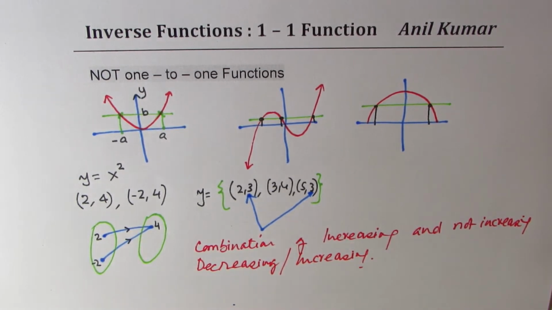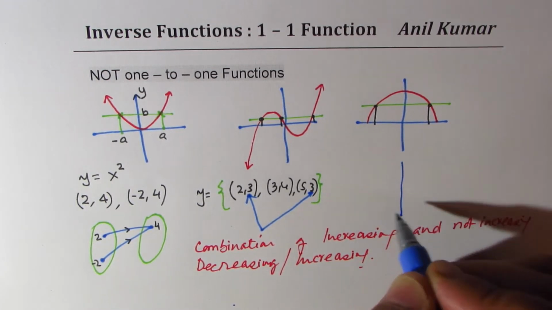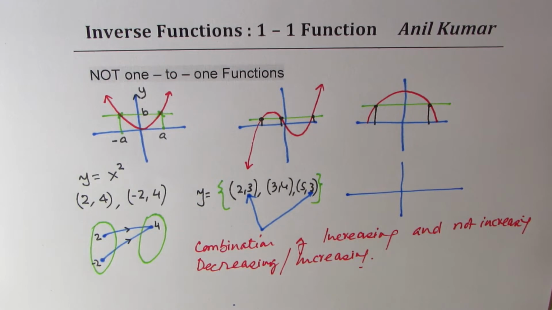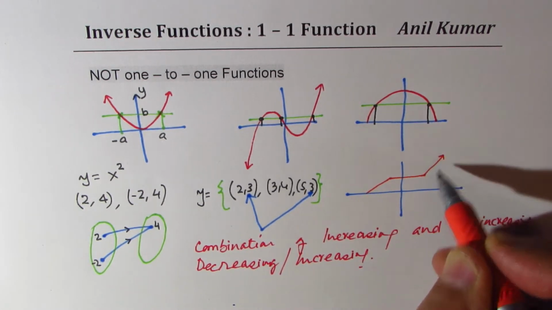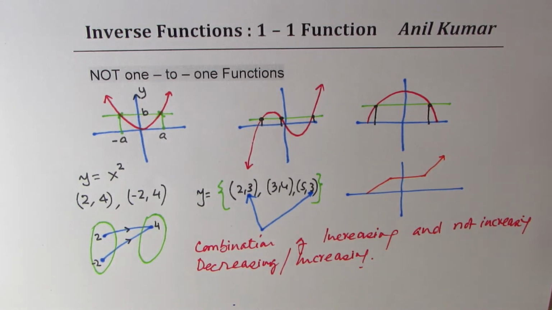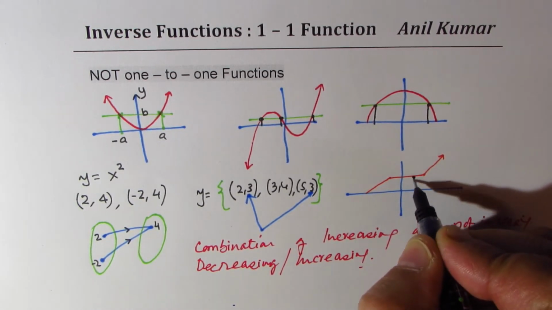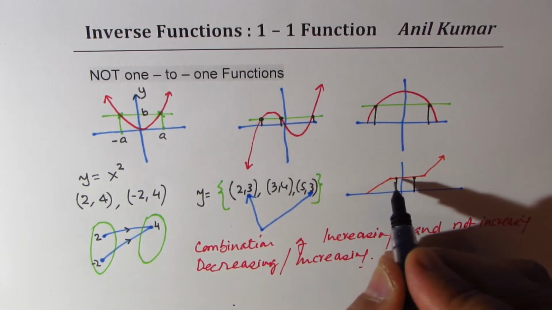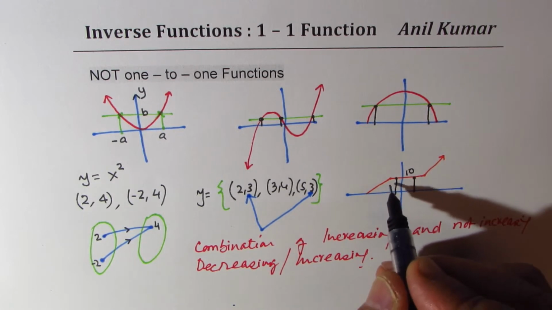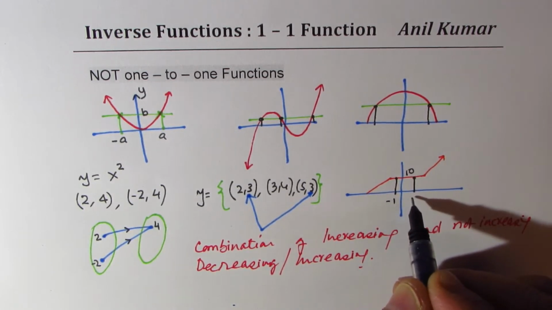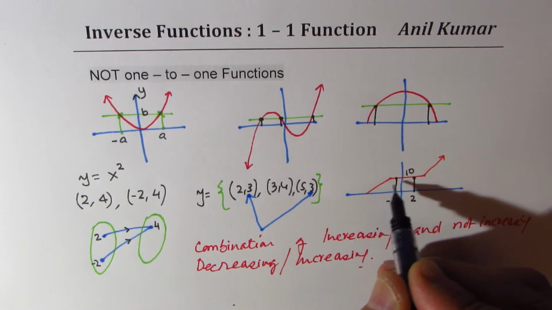Now, why am I saying combination? I could give you one more example in this list. We could have a function which may look like this. In this particular case, you will notice that for all these values, the y value is constant, right? Let's say the y value is 10. Then for different x values, we have the same y value.